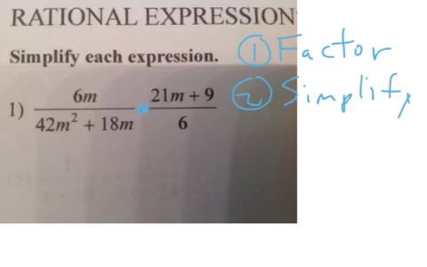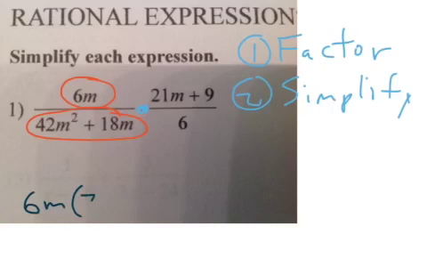So, step 1. 6m is already factored. What about 42m squared plus 18m? I hope you guys notice that I could do a GCF of 6 and an m. And let's see what we get here. 7m plus 3.